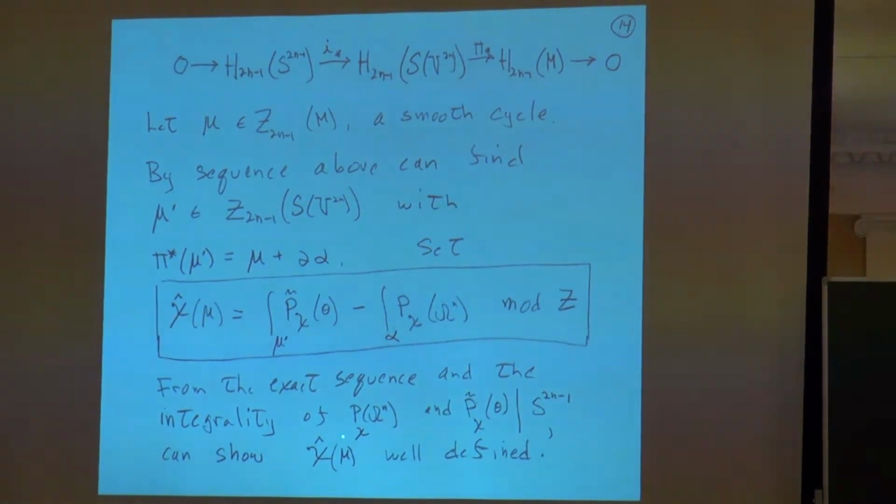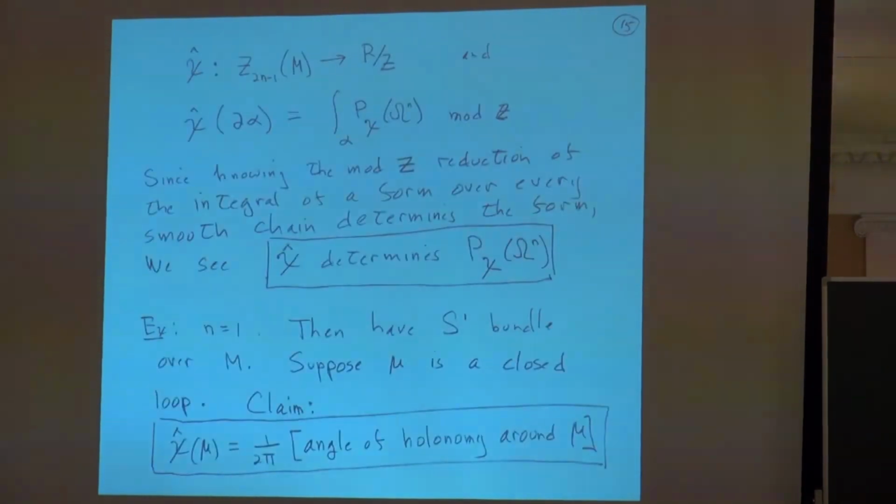Okay. So now, what I've done, and so you can show that this is well defined up to an integer. I'm reducing mod Z. So now what I have here is a function of cycles in M, 2n minus 1 dimensional cycles, and I have a nice function of those cycles. So here it says it here.